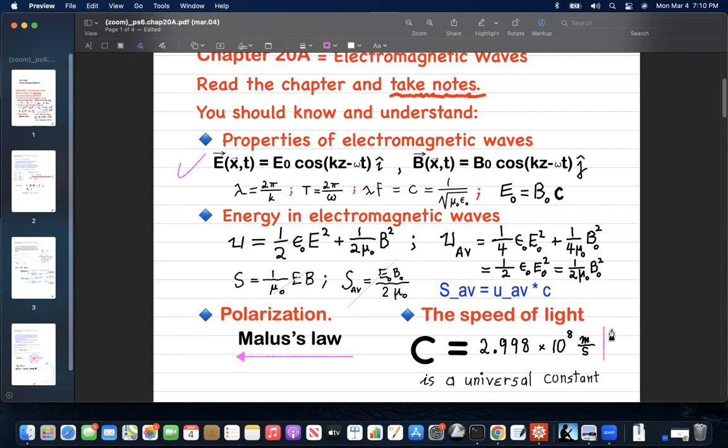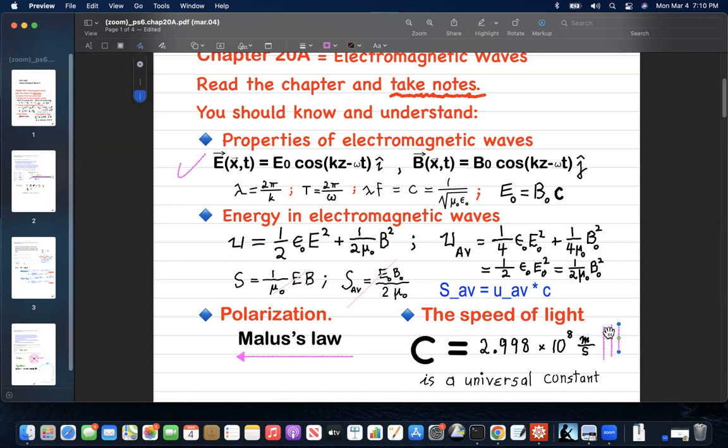Now that was already known in Maxwell's time to be the speed of light. And so Maxwell said, since in my theory of fields, the electromagnetic waves travel at the speed of light, I conclude that light is an electromagnetic wave.